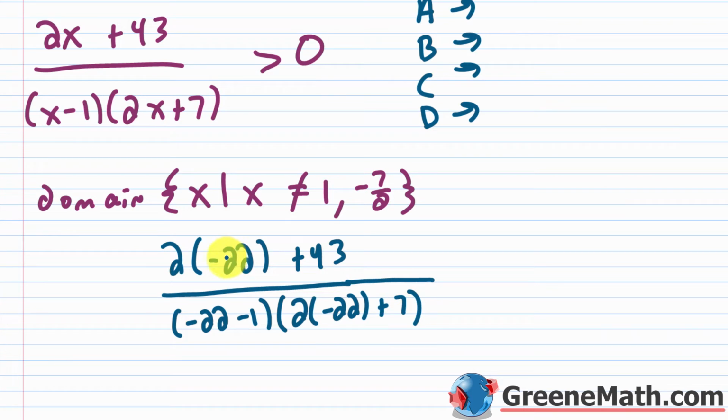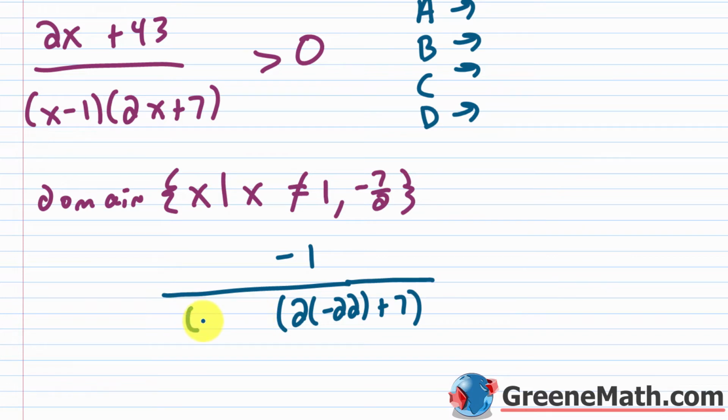Now, 2 times negative 22 is negative 44, and then negative 44 plus 43 is going to be negative 1. But the key thing here is it's going to be negative. Then down here, negative 22 minus 1 is going to be negative 23. And then here, 2 times negative 22 is negative 44, and if we add negative 44 plus 7, that's going to be negative 37.